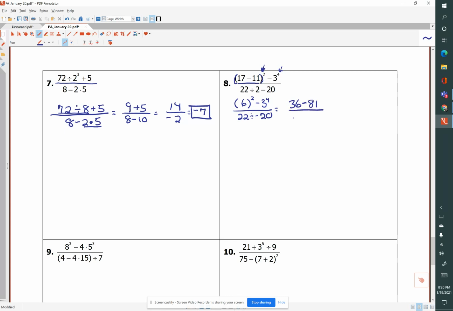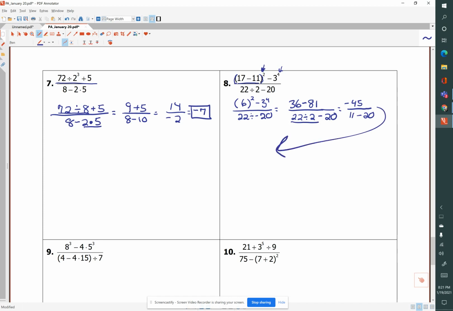And then in the denominator, 22 divided by 2 minus 20. And continuing on in the numerator, 36 minus 81 is a -45. And then we have 22 divided by 2, which is 11, minus 20.